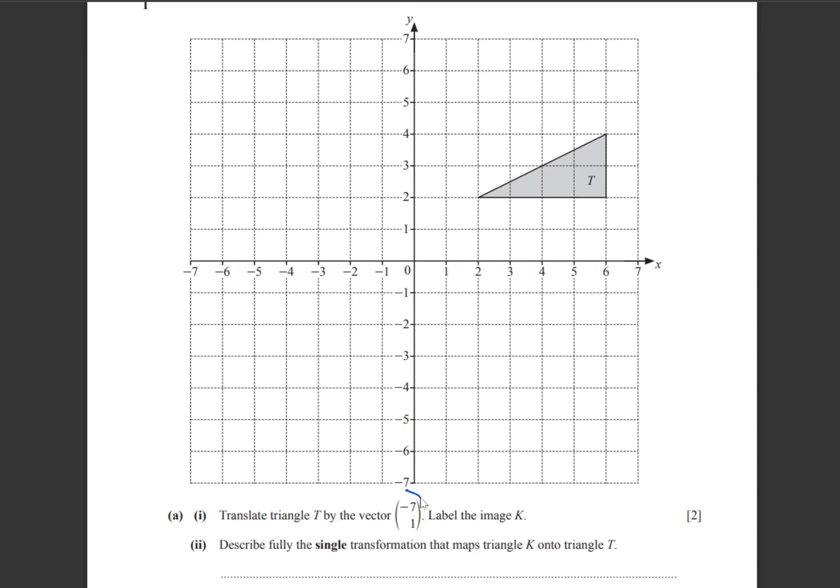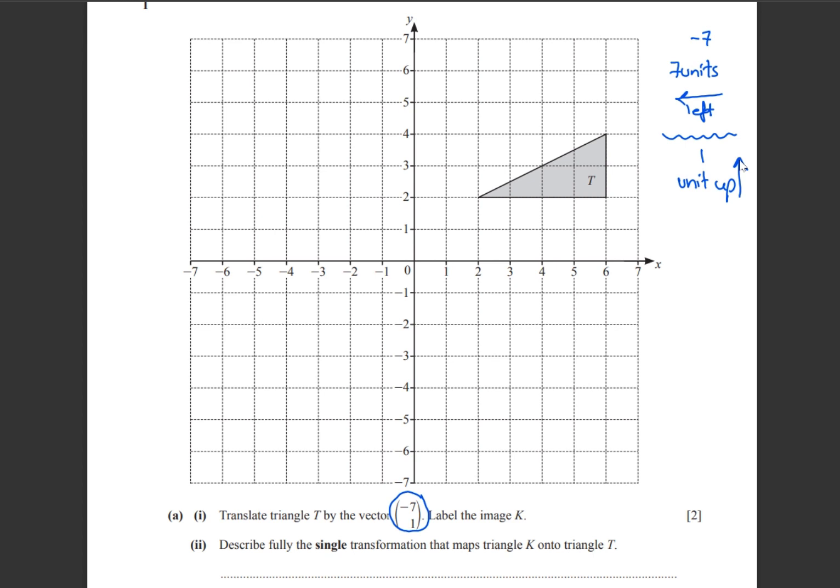What is the meaning of by vector -7 and 1? -7, the first number refers to the X translation, and the second number refers to Y translation. So -7 means 7 units to the left, and then 1 unit up because it is positive.